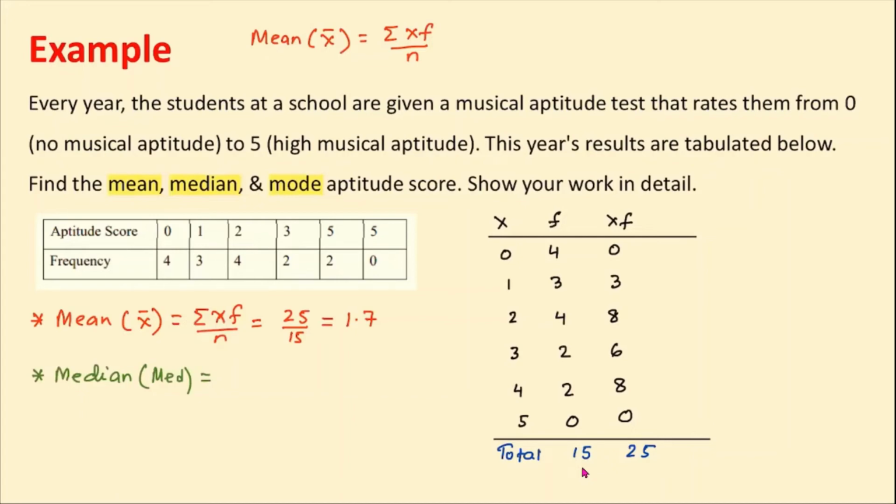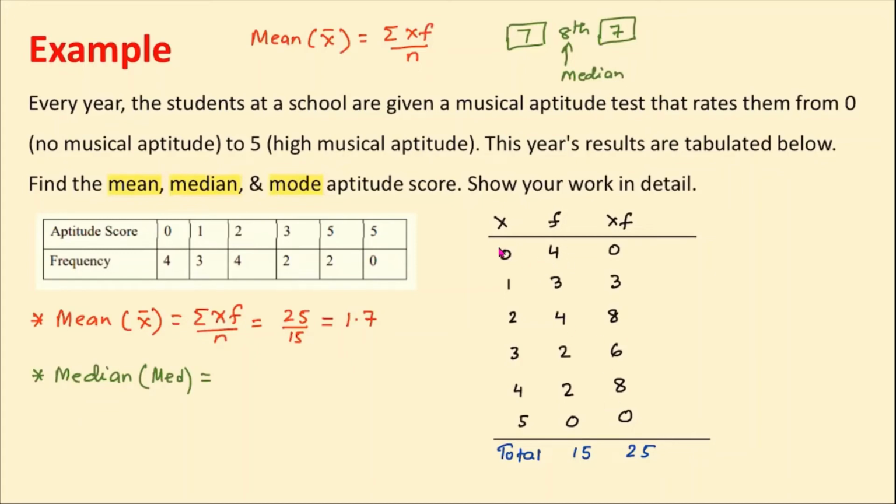When we have 15 observations, we can have 7 observations on one side, then the 8th observation, and then the remaining 7 on the other side. So 7, 7, 14, 1 in the middle, 15. The value in the middle will be the median. That means the 8th value will be the median.